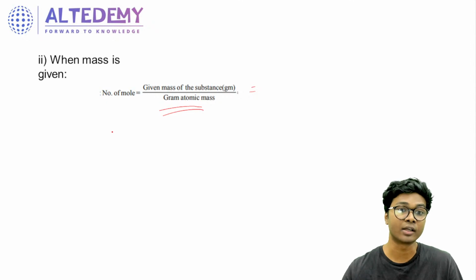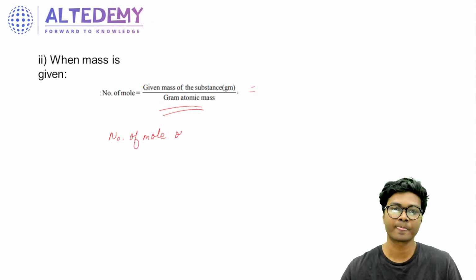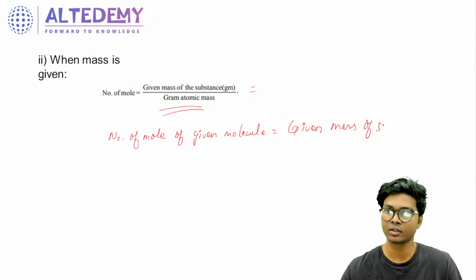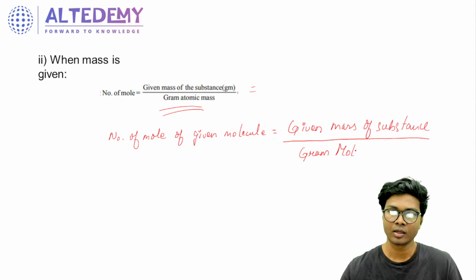If we are given the mass of a molecule, so the number of moles of given molecule is equal to the given mass of substance by gram molecular mass.